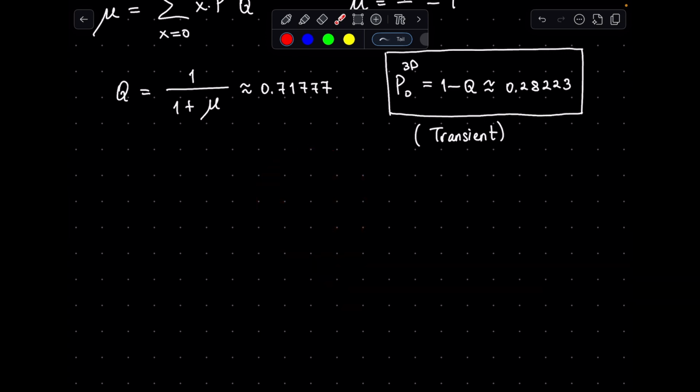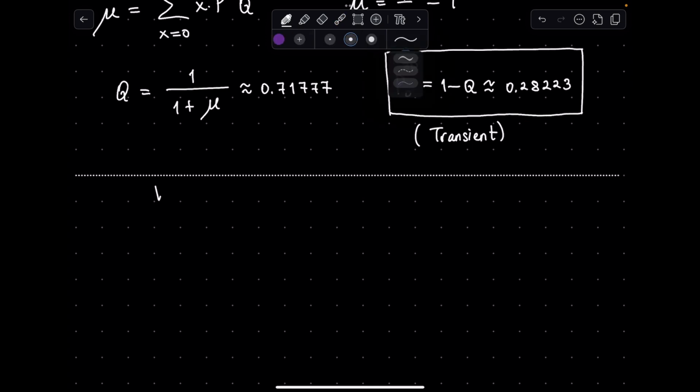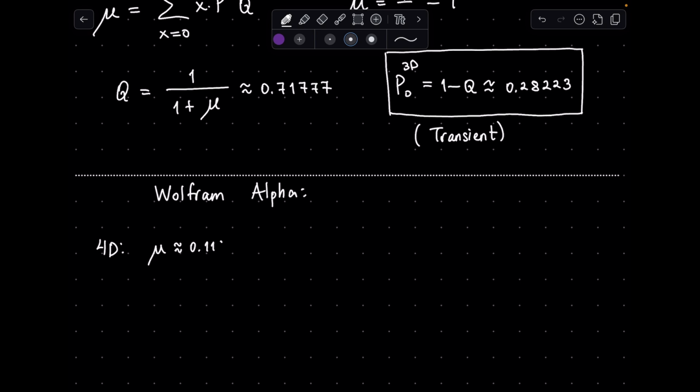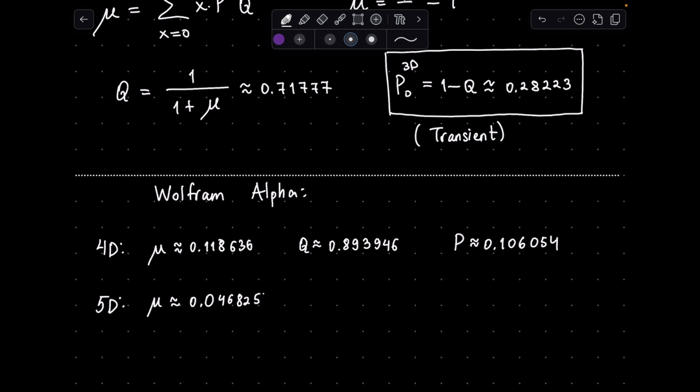In fact, you can generalize the above solution to an arbitrary degree of dimensions, and what you will find is that the probability of coming back to origin keeps decreasing as the dimensionality increases. For example, I calculated the 4 and 5-dimensional cases, again numerically. For the 4-dimensional case, I'm getting the probability of return to be about 10%, and for the 5-dimensional case, the probability comes out to be slightly higher than 4%.